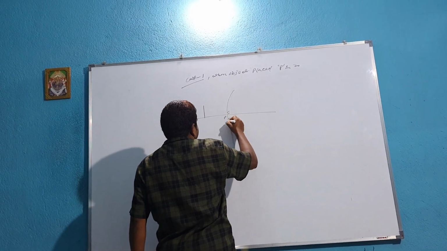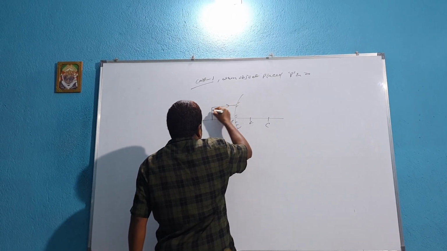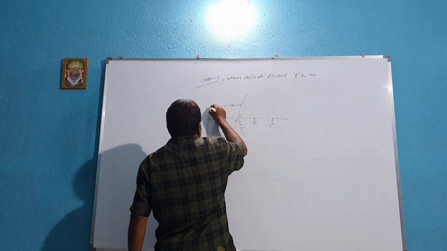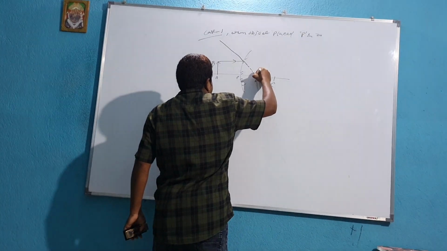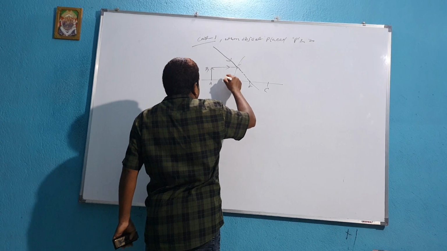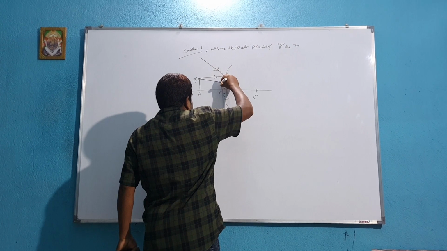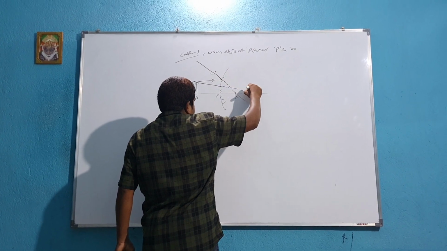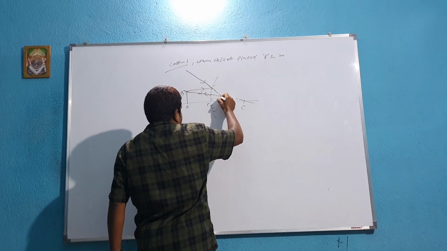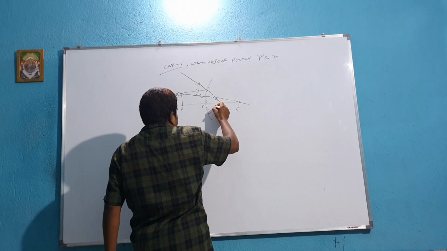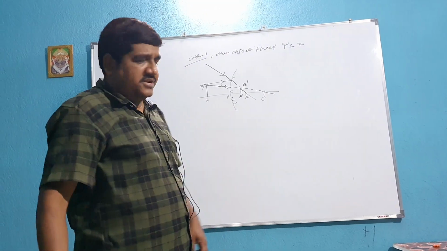This is P, this is F, this is C. Another line we draw is toward the center of curvature. The image is formed, A dash, B dash.